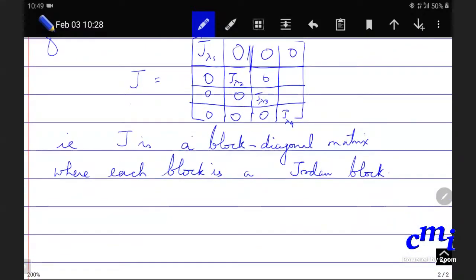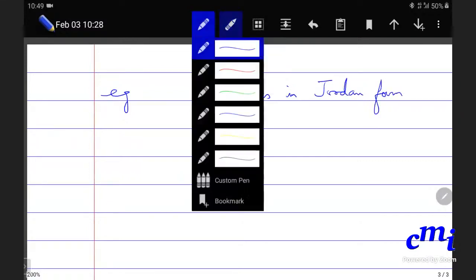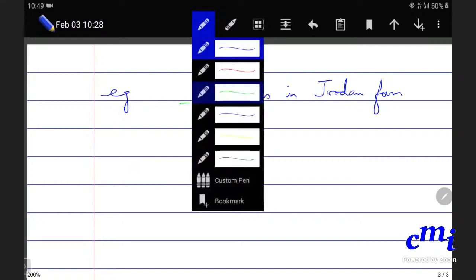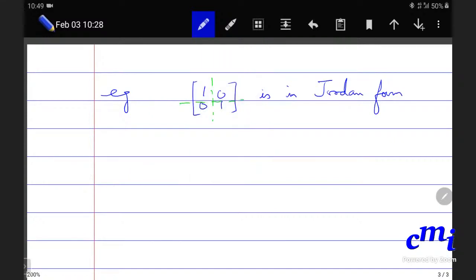So for example, this identity matrix is in Jordan form, and that is because that is the block decomposition which expresses it, and each one by one block is a Jordan block for eigenvalue 1.